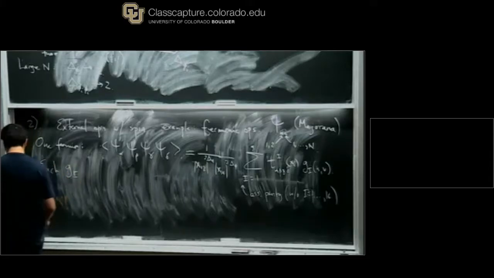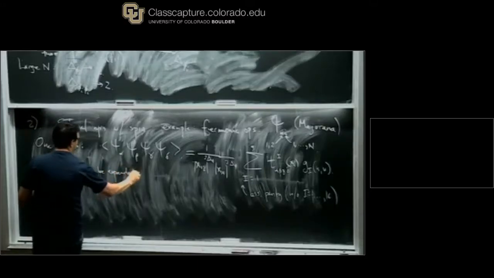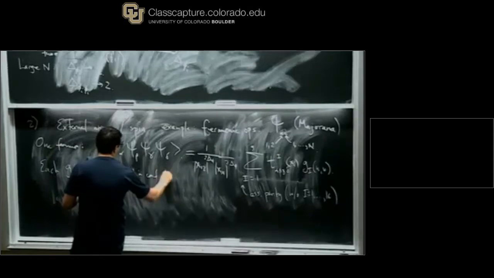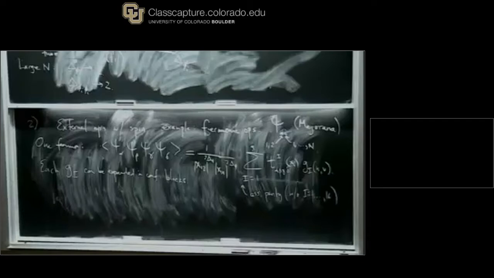And now each g_i can be decomposed, expanded in conformal blocks. These are different conformal blocks than the conformal blocks for scalars. So how many conformal blocks are there?